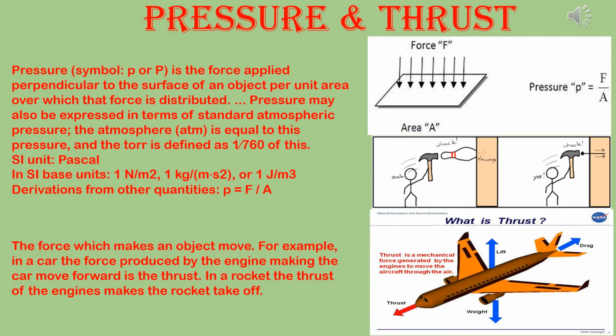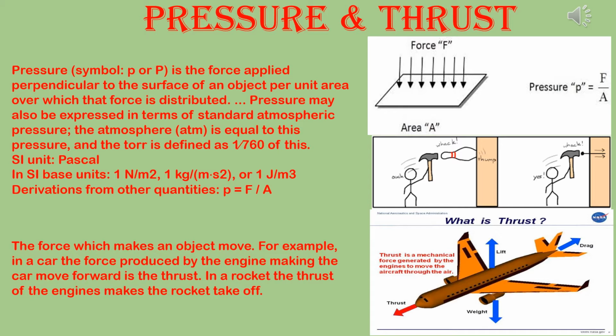Now let F be the normal force exerted by the fluid on a very small area surrounding a point on the containing vessel. Then the pressure P at the point is given by P is equal to F by A. Or else you can write F is equal to P into A, where F is called the thrust, the normal force exerted by a fluid on any surface in contact with it.